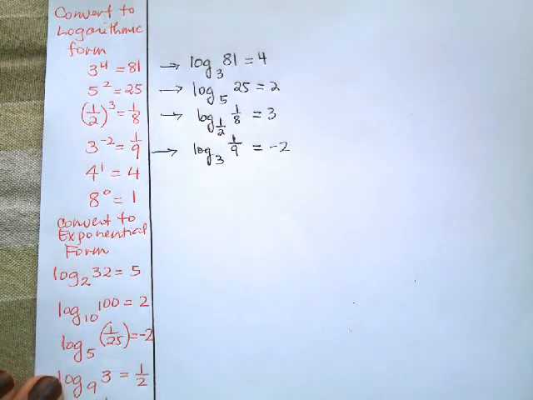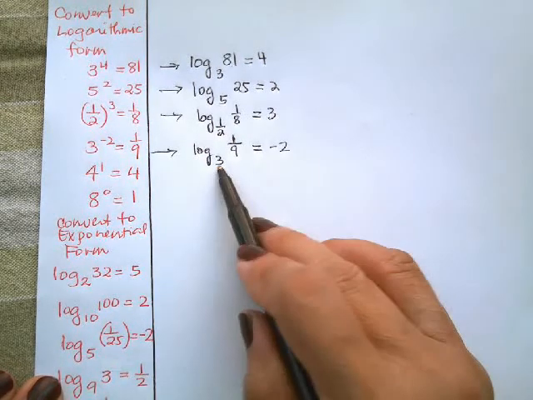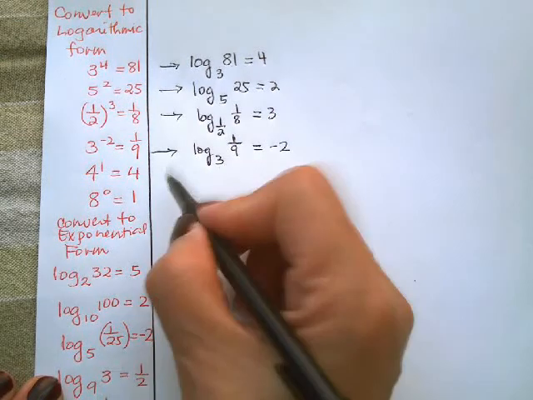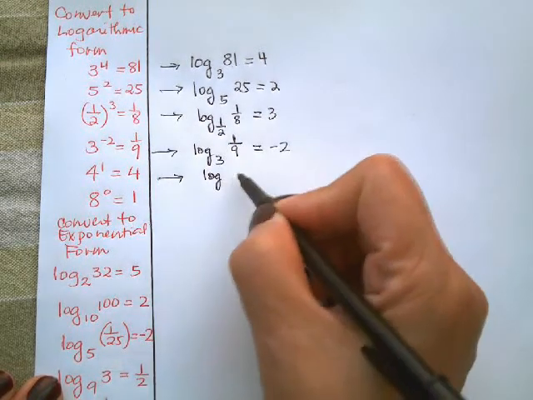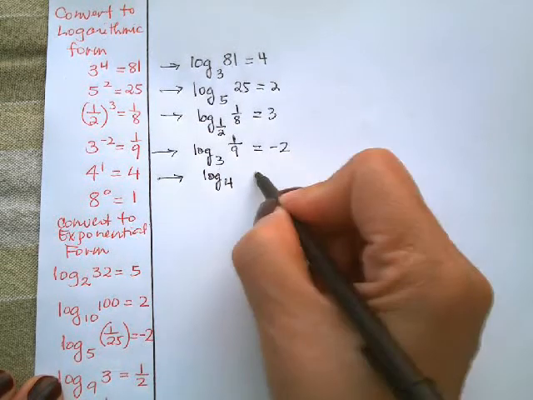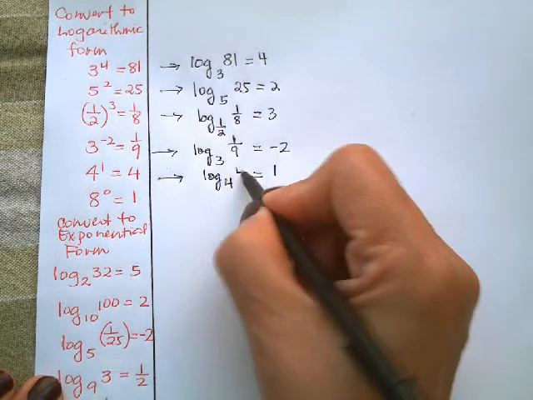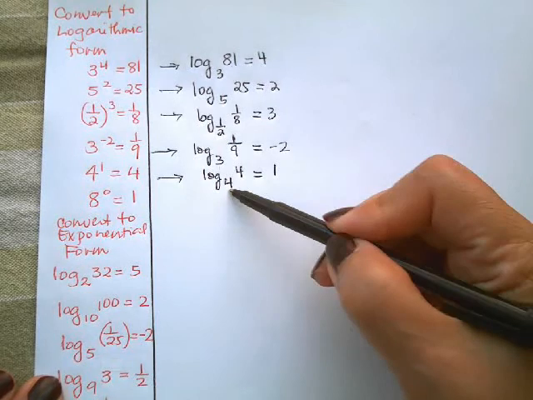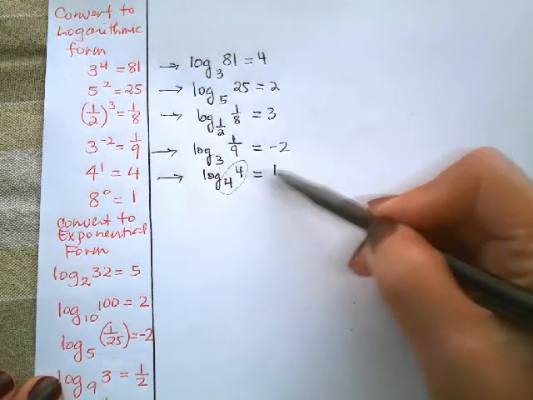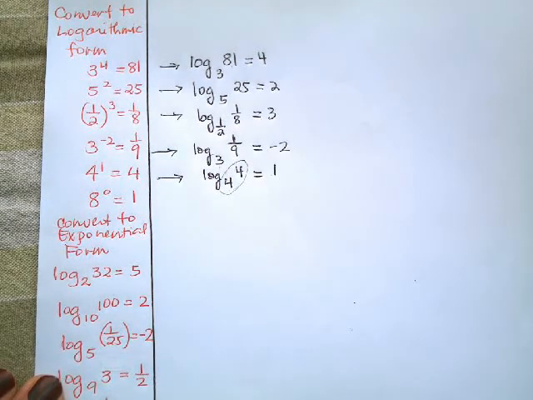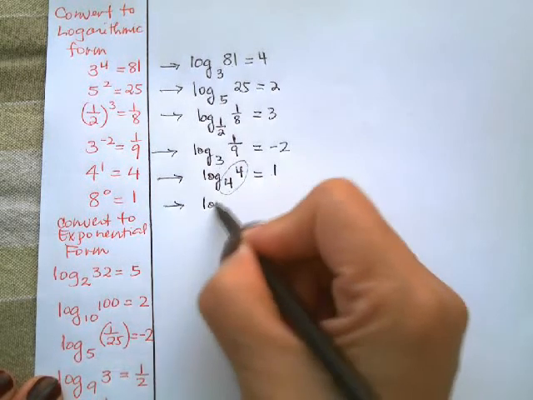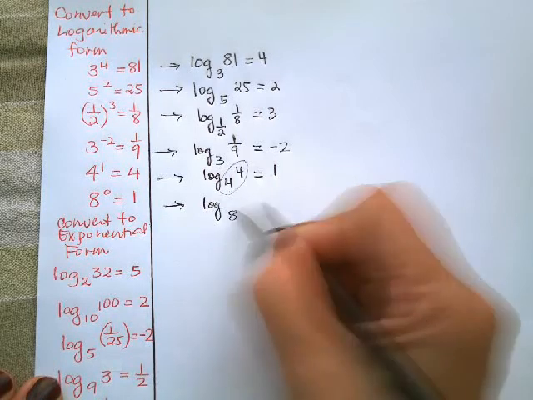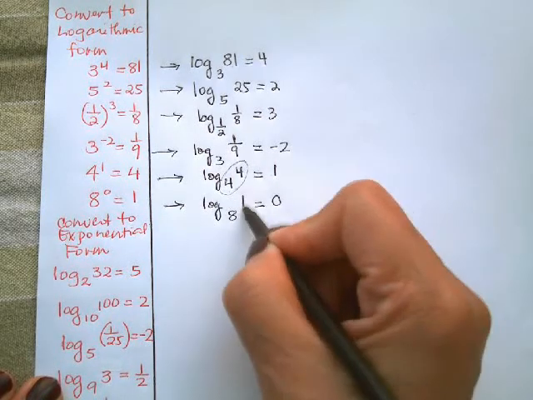I hope you know negative exponents. The exponent can be negative, only the base cannot be negative. 4 to the 1 is 4, so log base 4 of 4 is 1. You could notice when these two are the same, it's always 1, of course. And here, log base 8 of 1 is 0.